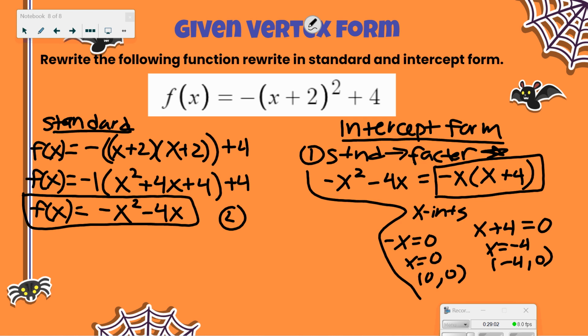So how can you always find your x-intercepts algebraically? That could be one way, but for any function, no matter what you're working with, finding x-intercepts, what are we doing? What becomes 0 for x-intercepts? Y. So if you replace y here with 0, now it's going to be similar to when you solved with the absolute value functions.